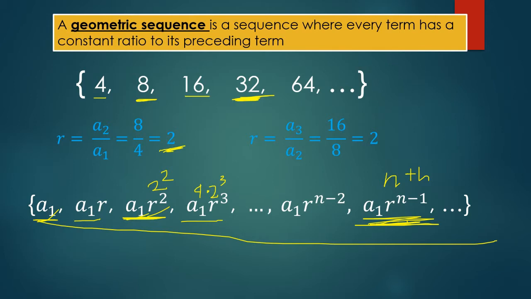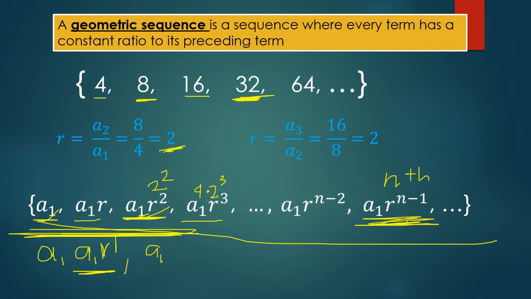If you notice, in our first 4 terms, we have A1, then A1R. For the second term, our exponent is 1. For the third term, our exponent for R is 2.